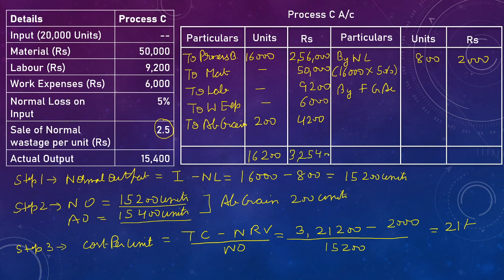Again we have to write these values on credit side to find out the balancing value, and in amount column we have to write 3,25,400. So our balancing value here is in units our finished goods are 15,400 costing rupees 3,23,400. Now this is our finished goods which are sold out in the market.